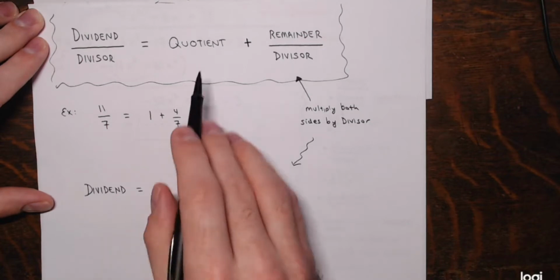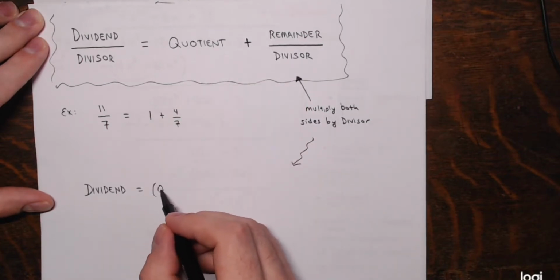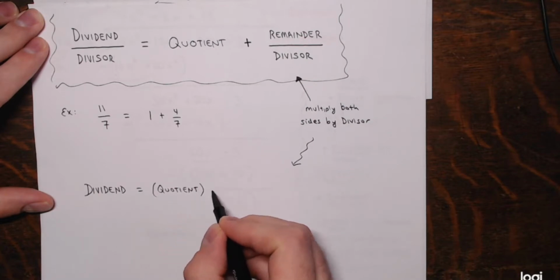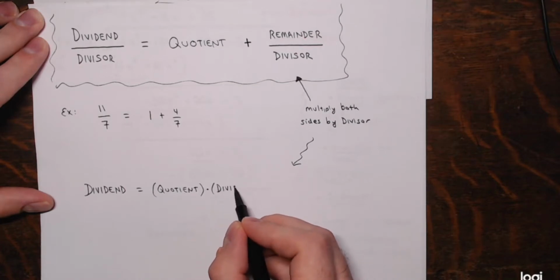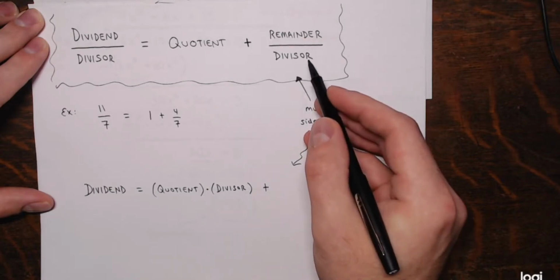On the right side I multiply both of these terms by the divisor, so we'd have the quotient times the divisor plus, and then this fraction here, if I multiply this by the divisor, the divisors cancel and I'm left with the remainder.